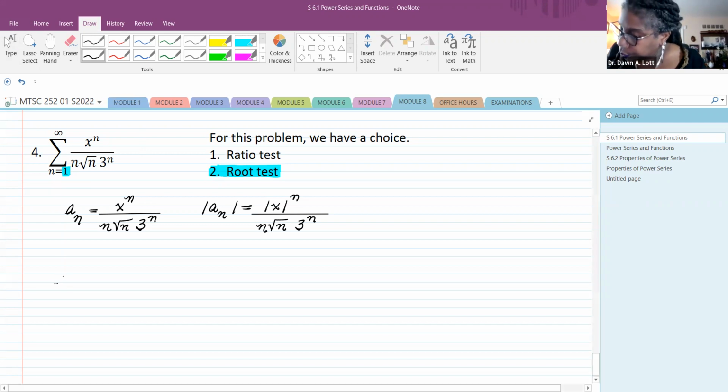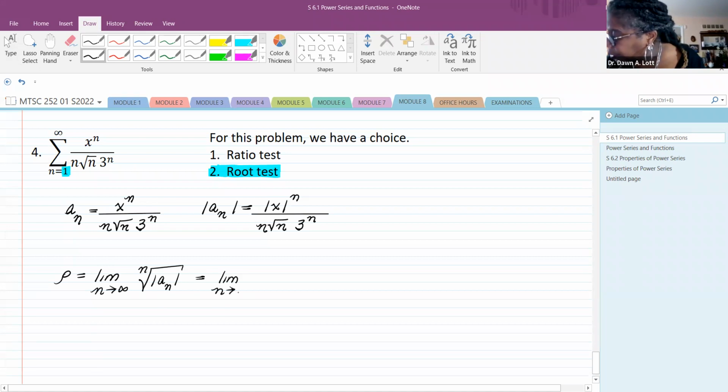So rho is the limit as n approaches infinity of the nth root of the absolute value of a sub n. But that's the limit as n approaches infinity. Now we know that the nth root is just to take the absolute value of a sub n to the 1 over n power.